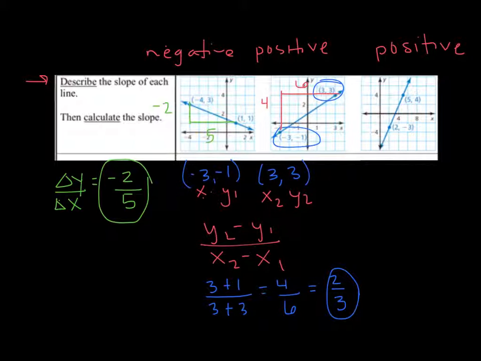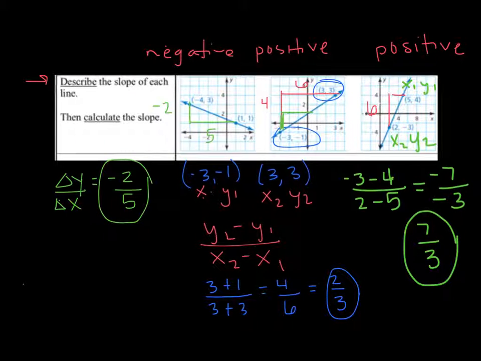You could also use that 2/3 by looking and seeing that if I go up 2 and over 3, look, I'm back on my line. So 2/3 and 4/6 are equivalent because the slope of the line, I could go from this point to this point, 2/3, or if I wanted to double that and go up 4 over 6, it still works. Okay, why don't you pause and do the last one on your own?